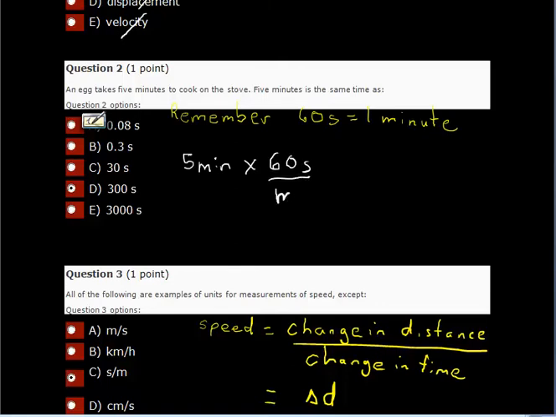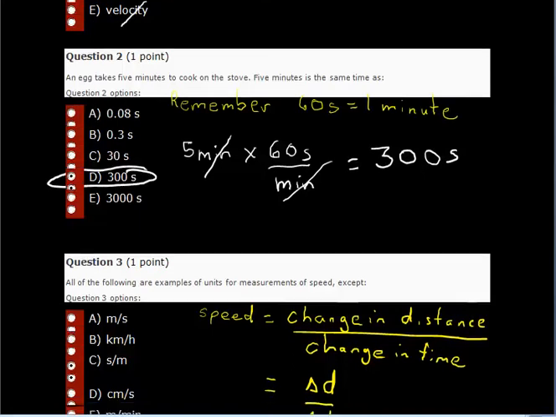Watch very closely with the units here. My units will divide out, leaving me with 5 times 60, which is 300 seconds. So the answer here is D, 300.